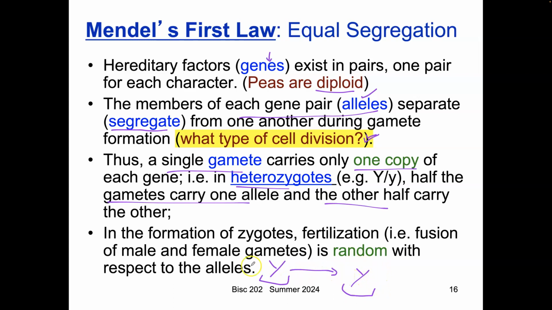The egg doesn't go, wait, you have a dominant allele, I only want recessive alleles, or anything like that. So whatever sperm and egg meet each other, that's the fusion that takes place, the connection. And so every combination is equally likely as any other combination, right? And so we'll do a Punnett square to show that in a minute.